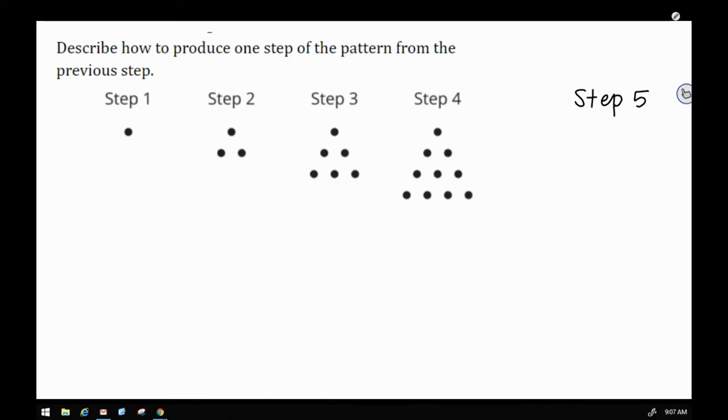Yeah, runs in step four, but that's okay. They don't know what person it is.